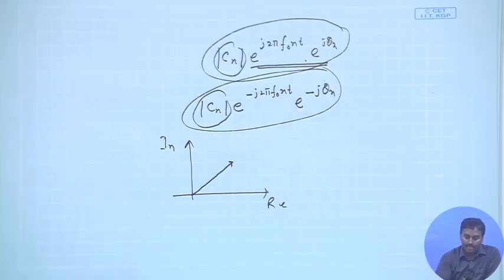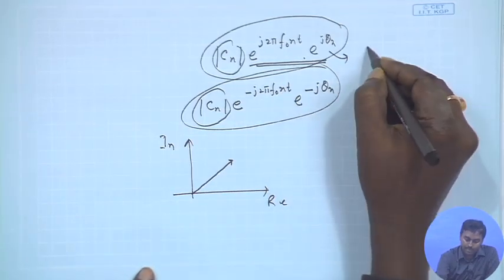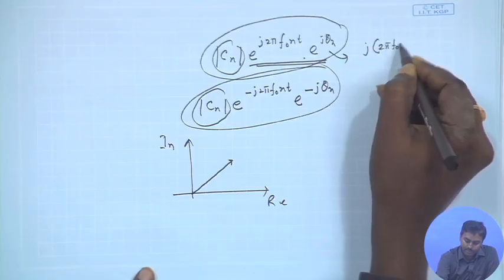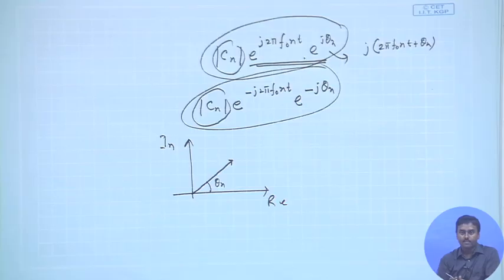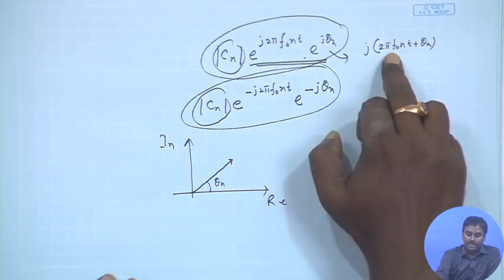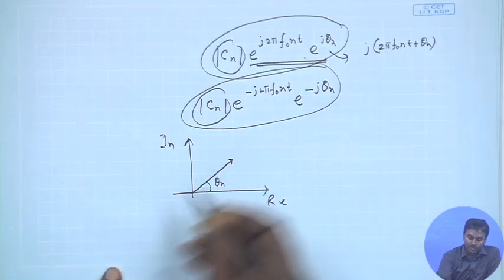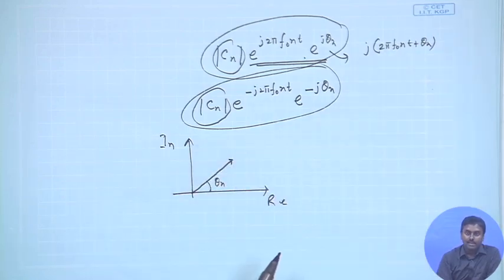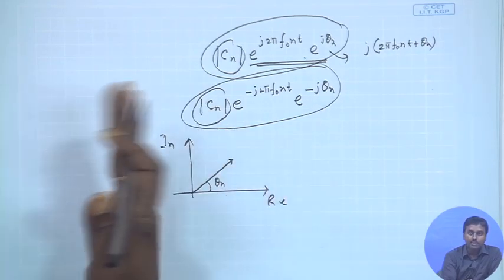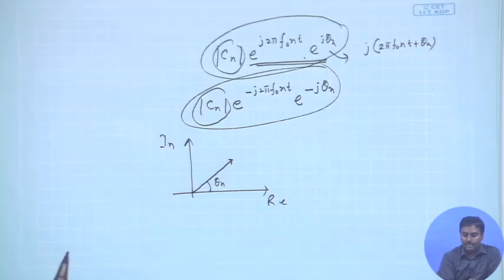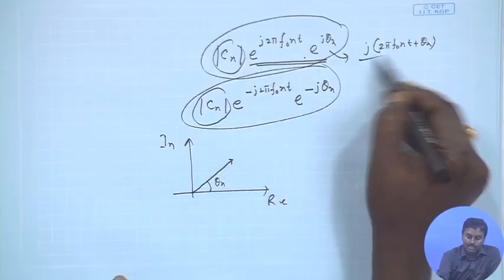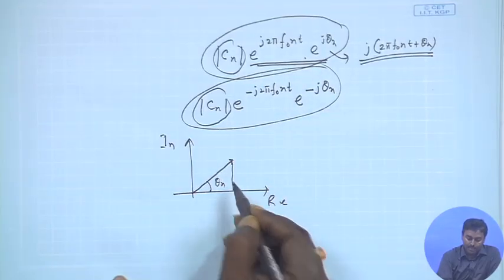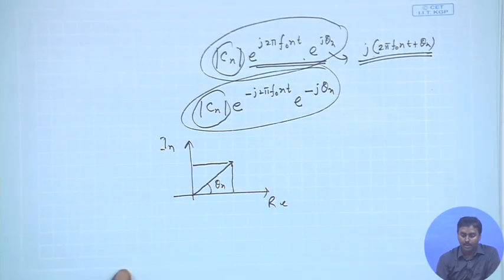With respect to t, if I start increasing t, what is happening? This overall angle is 2 pi f0 nt plus theta n. Theta n must be some constant, which does not depend on t, and the unit phasor rotates. That is how we get the phasor representation, because e to the power j of this has a real part and an imaginary part.